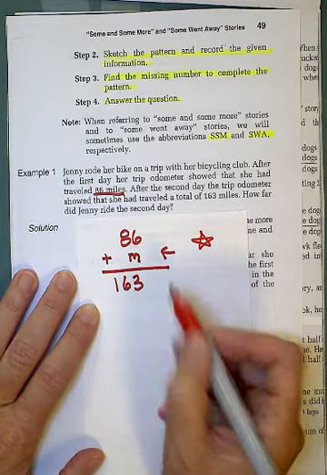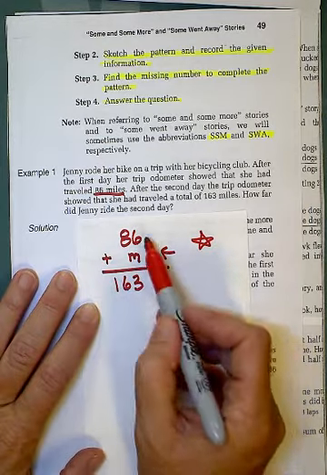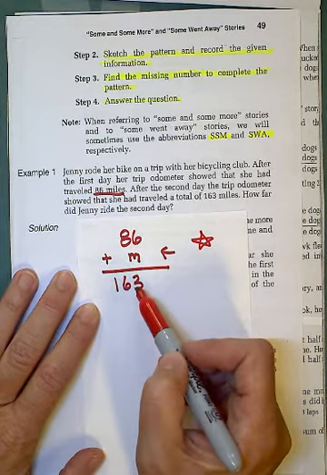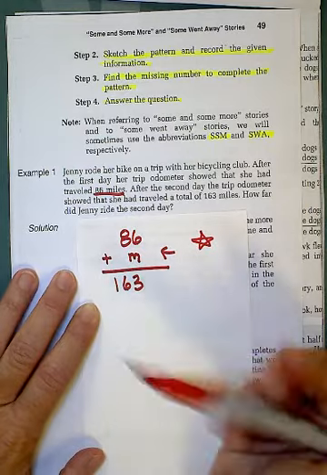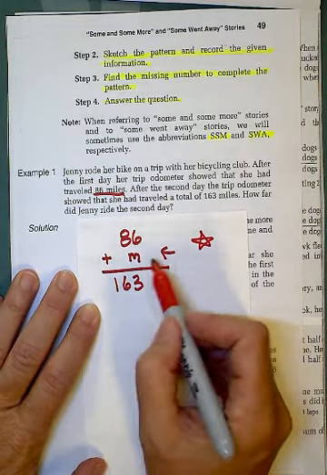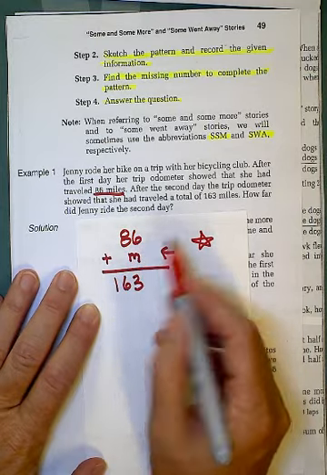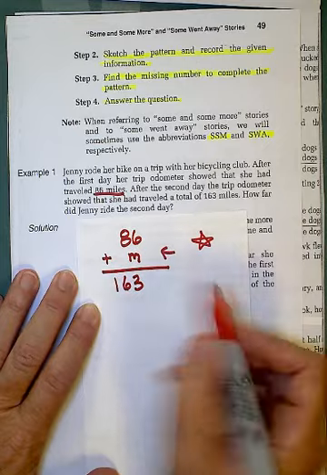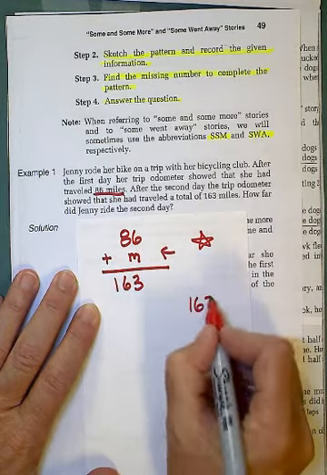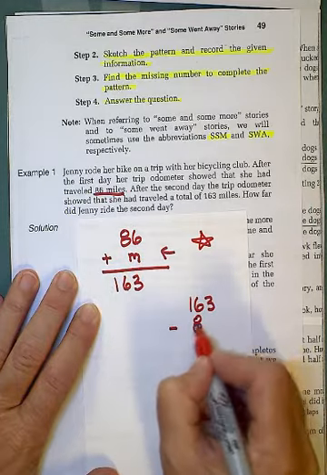For example, in my little head, I cannot automatically figure out 86 plus what equals 163. I need to write out a different problem to solve. You remember from our lesson on missing addends that if I'm missing one of my addends, I can find it by taking my sum and subtracting the one addend I do know.